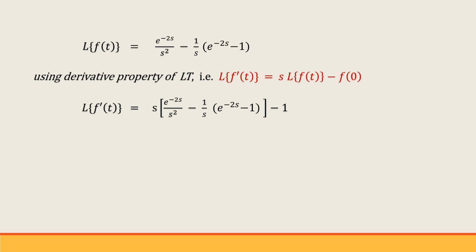Simplifying further, we get the Laplace transform of f dash t is equal to e raised to the power minus 2s by s minus e raised to the power minus 2s.